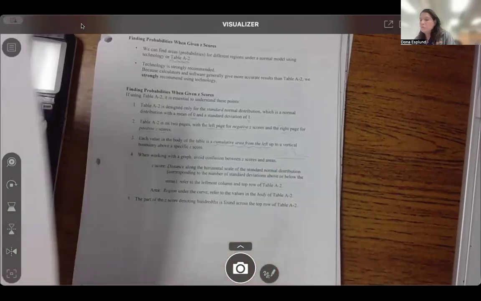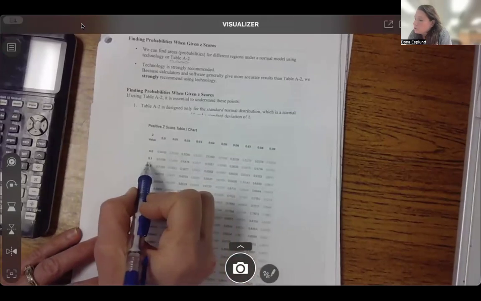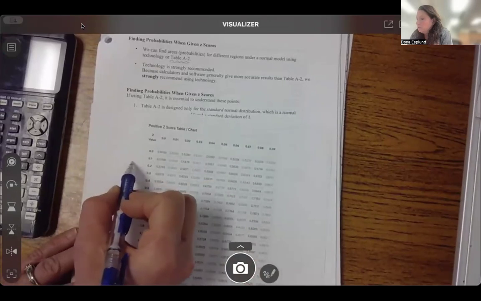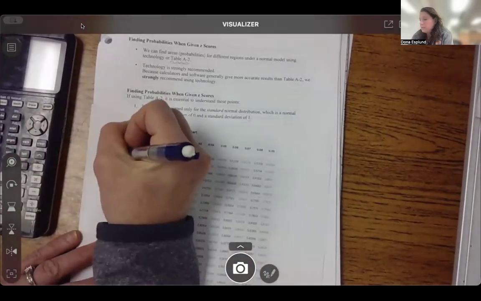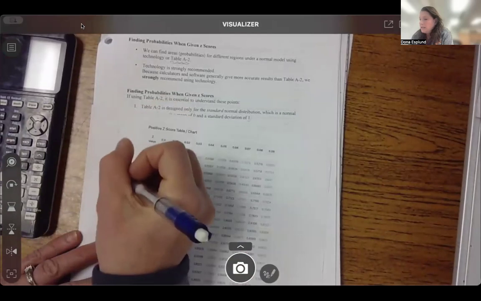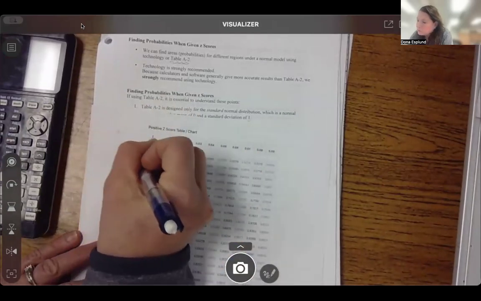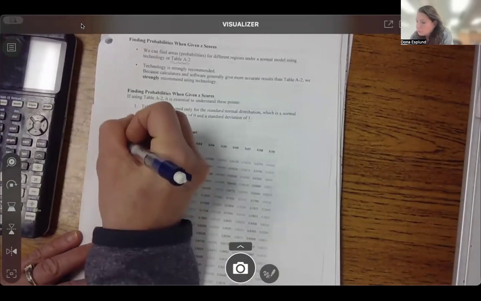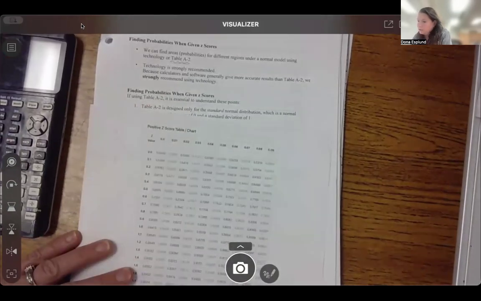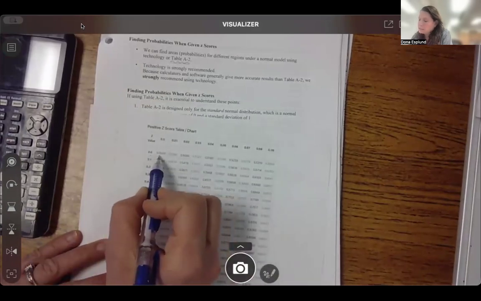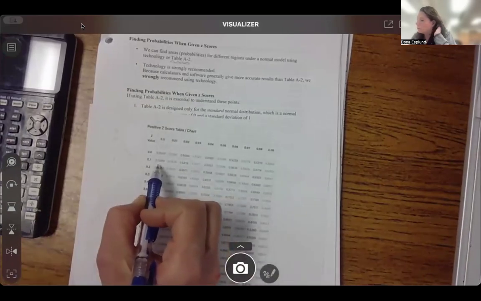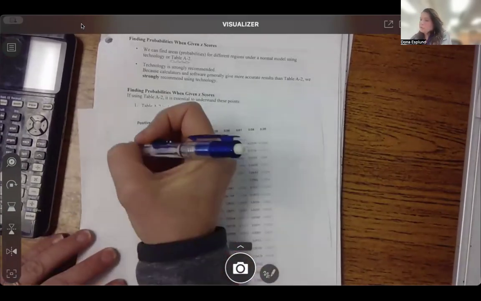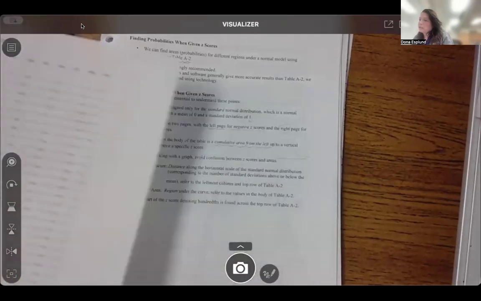So in other words, if you had a z-score of just 0.1, remember, the 0 is going to be at the middle, and so this would be a lot like if I had just 0.1. That means I'm just right over here, a tiny little bit over, and that's where you're saying that a z of 0.1 is going to be 0.53. And then it's going to continue as the numbers get bigger, you're going to have more of the area, which is going to represent your probability.